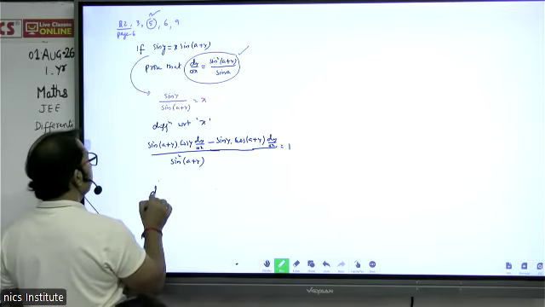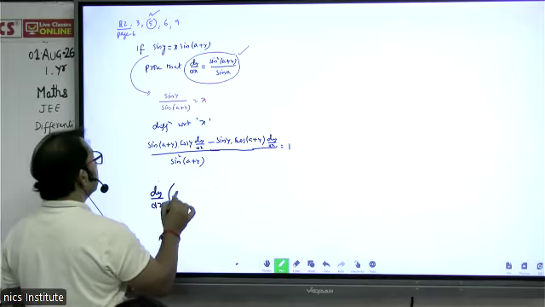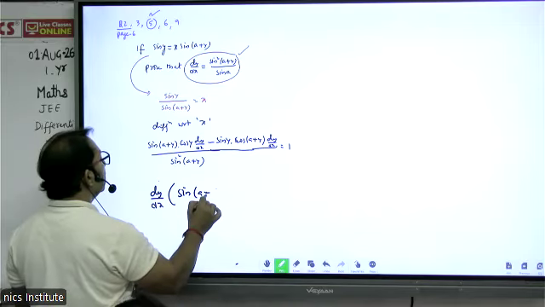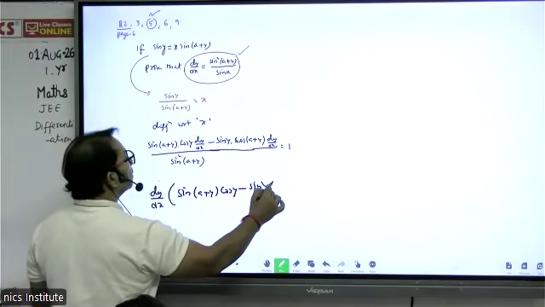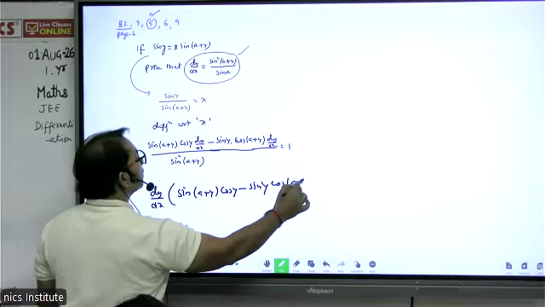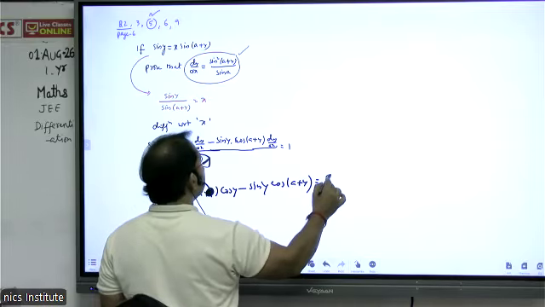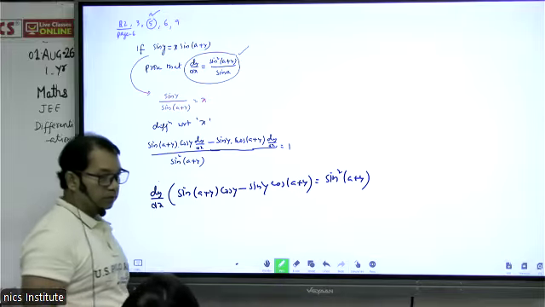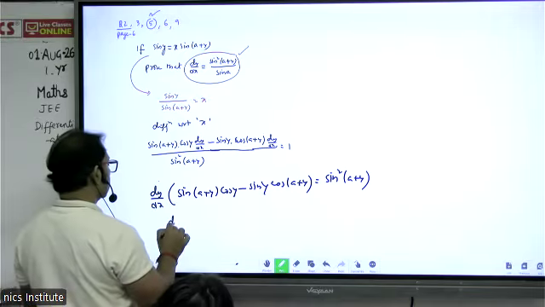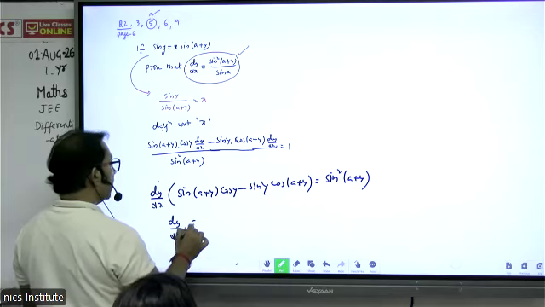So this is dy by dx. This becomes identity, sin(a + y) cos y minus sin y cos(a + y) is equal to, so this gives you the answer straightforward. There's no need of substitution. This is the identity of sin(a − b).